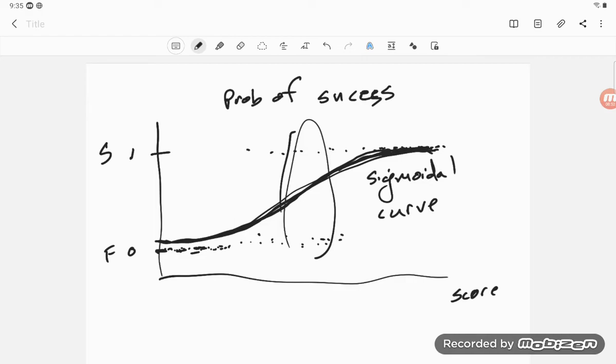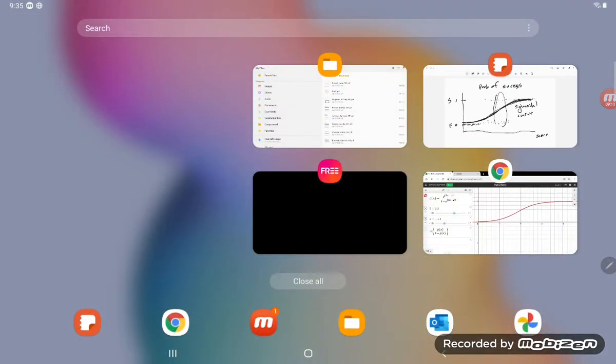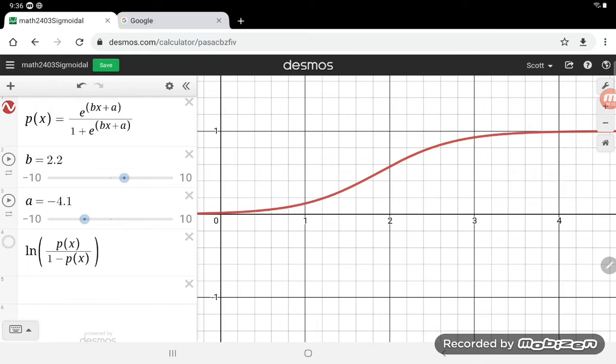We'd like to be able to analyze this much like we've been able to analyze other predictive measures that we have. Well, so let's take a look at this sort of sigmoidal curve. On Desmos, I plotted something.